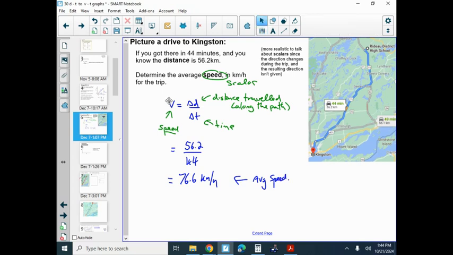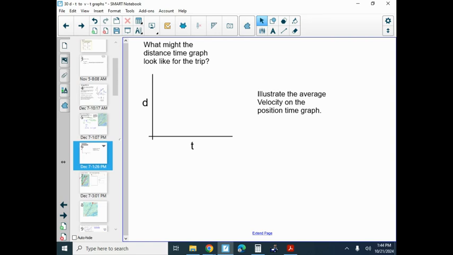Now I want to just start to think about the motion as we go from one location to another, and what your distance time graph might look like. So if this was Rideau, then this is Kingston. Obviously, we're going to start at Rideau and we're going to end up in Kingston on this trip, right?